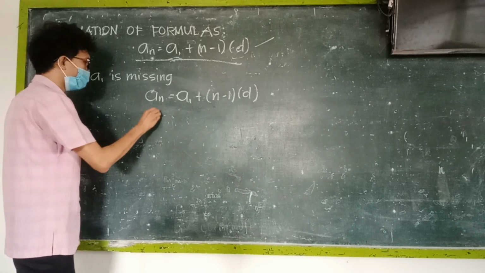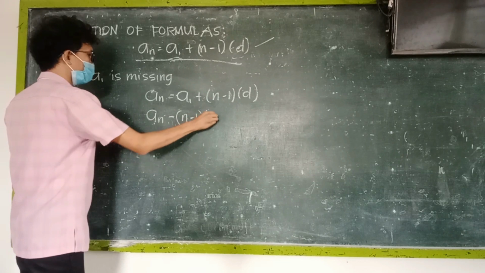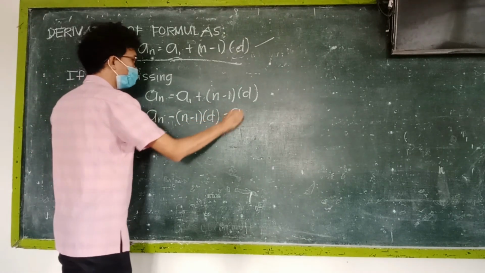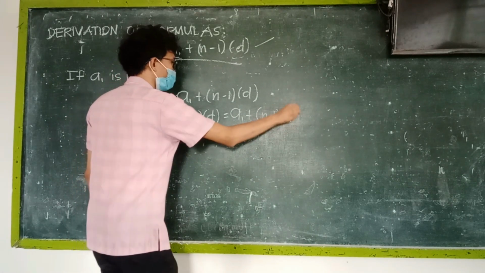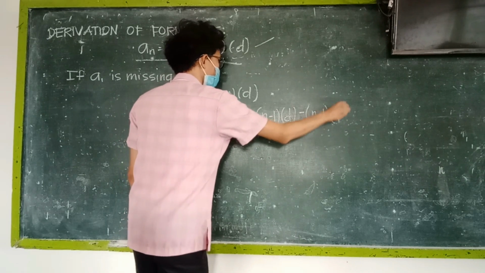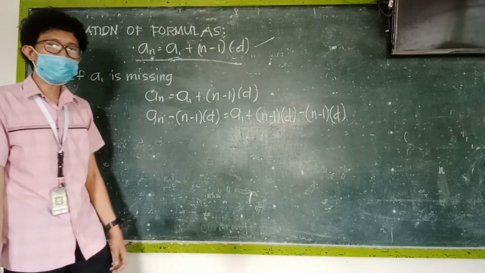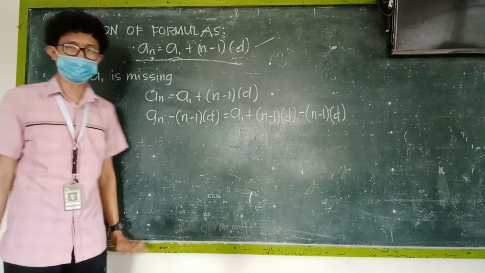So, magiging a sub n minus n minus 1 times d is equal to a sub 1 plus n minus 1 times d minus n minus 1 times d. So, matatanggal na ang n minus 1 times d dito sa right side of the equation.